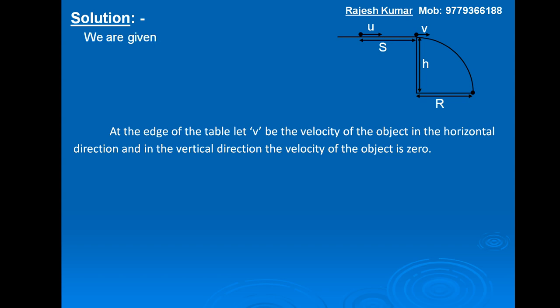Now we are given u is equal to 5 meter per second, s is equal to 1 meter, h is equal to 1 meter, r is equal to 1 meter, and g is equal to 10 meter per second square.